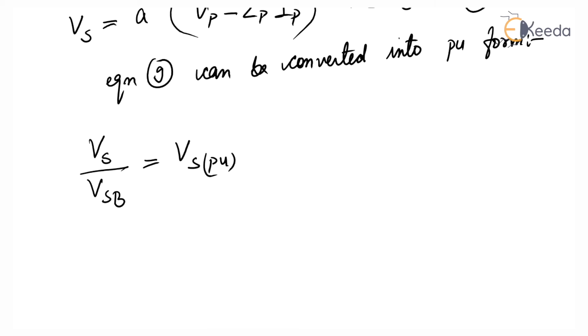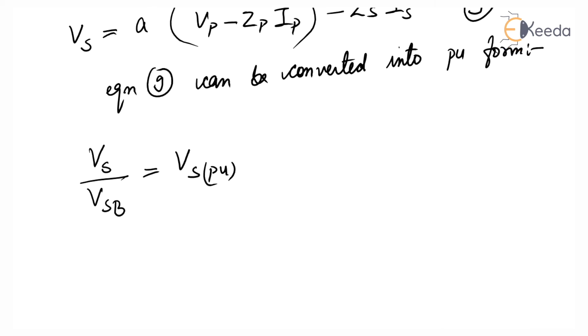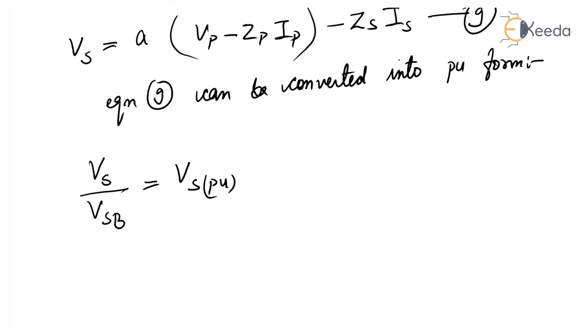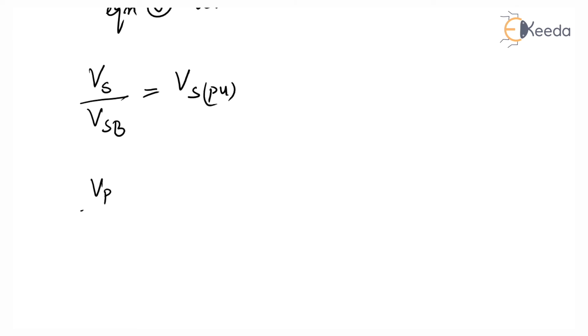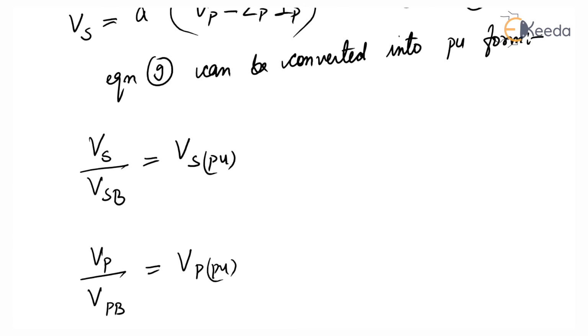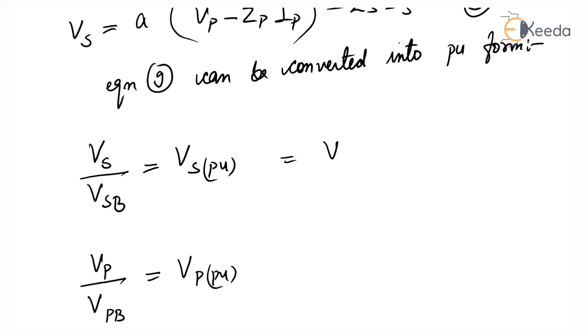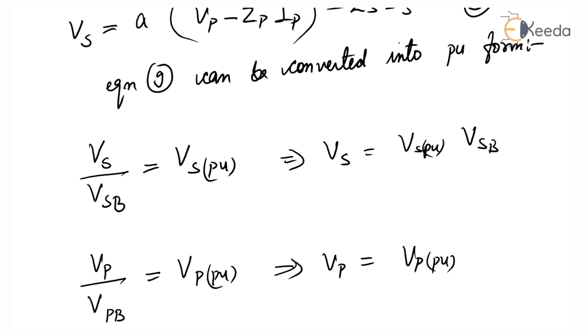So Vs is equal to Vs per unit into VSB. Similarly, Vp by VPB is equal to Vp per unit. So Vs is equal to Vs per unit into VSB, and Vp is equal to Vp per unit into VPB.